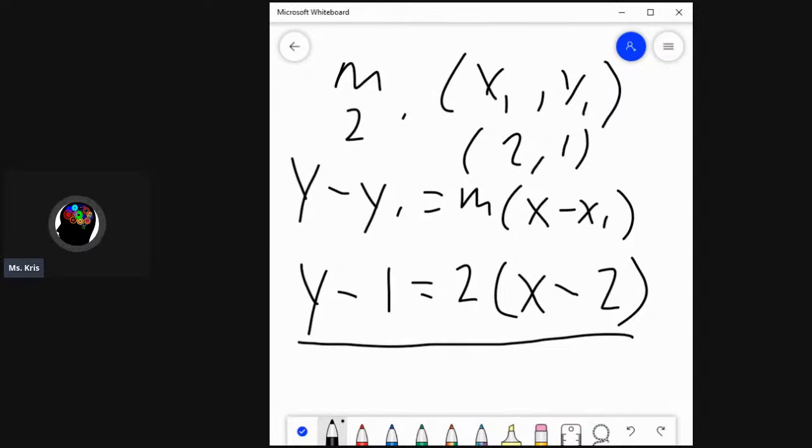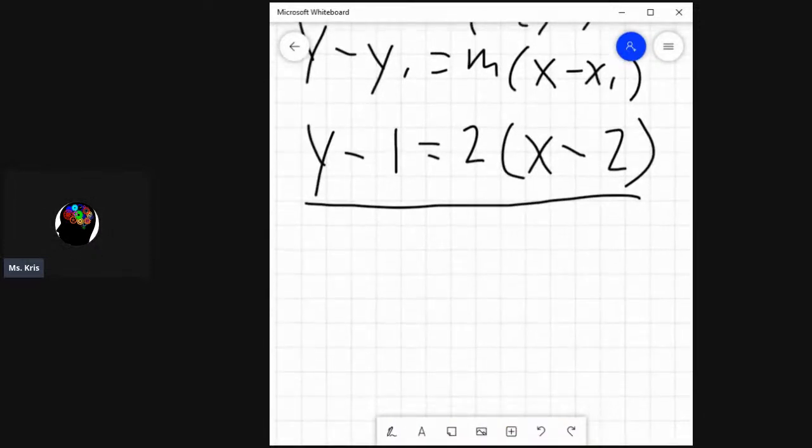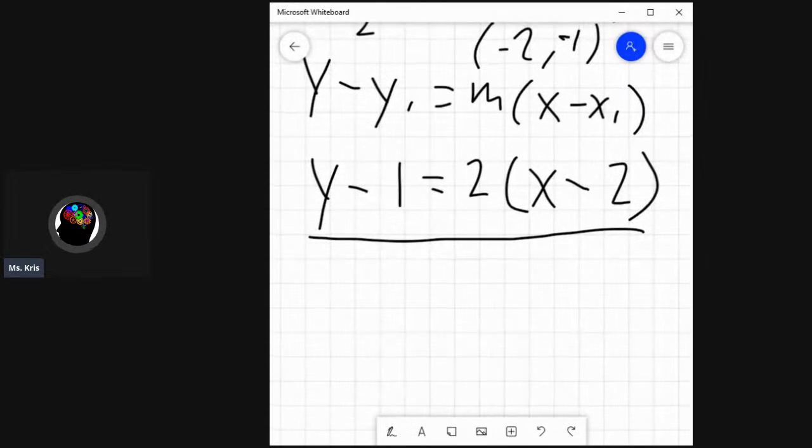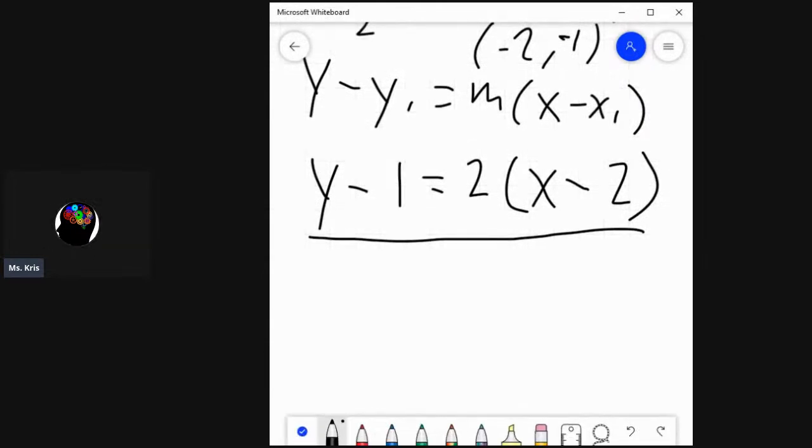Now, what if my points are negative, like -2 and -1? If they are negative, here's what we do.